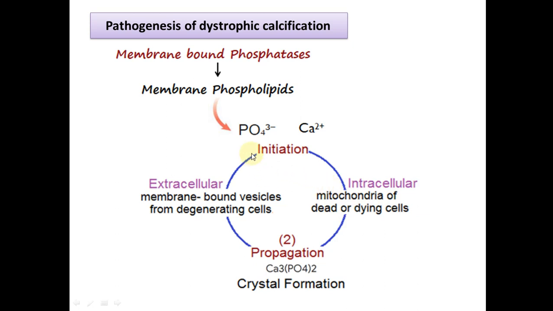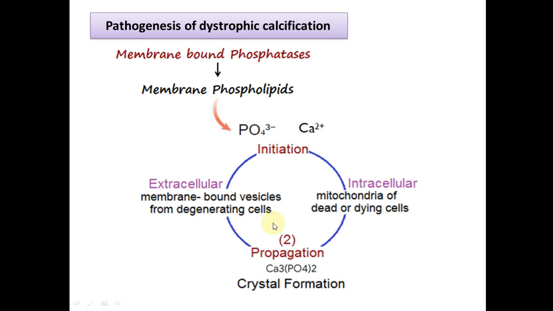Once initiation occurs, the calcium and phosphate continue depositing around the initial calcium phosphate crystal, and in this way the phosphates and calcium form circular whorled masses in the form of abnormal dystrophic calcification.